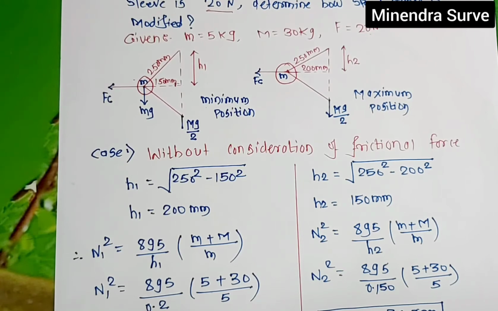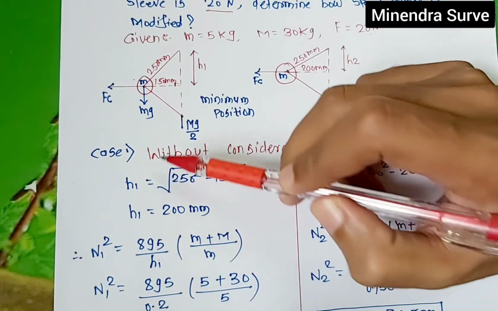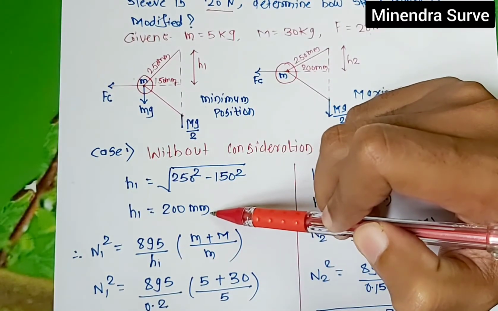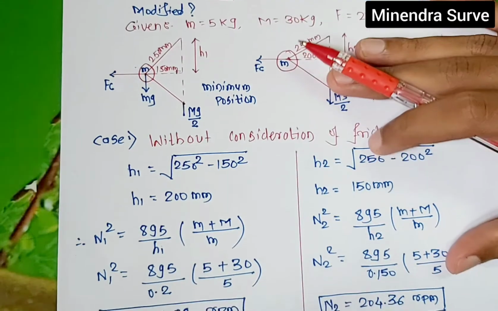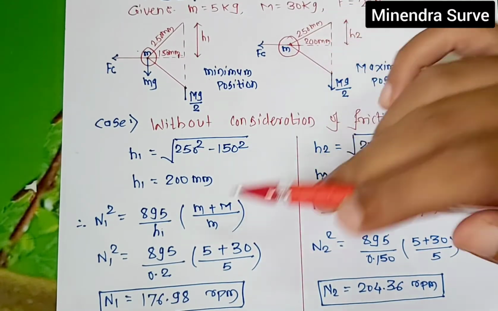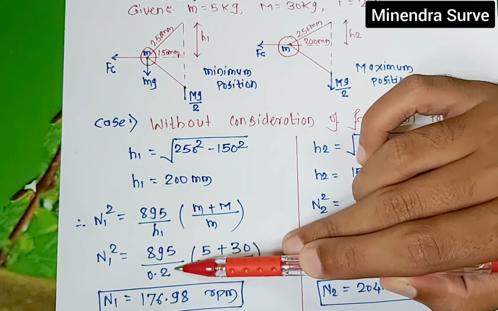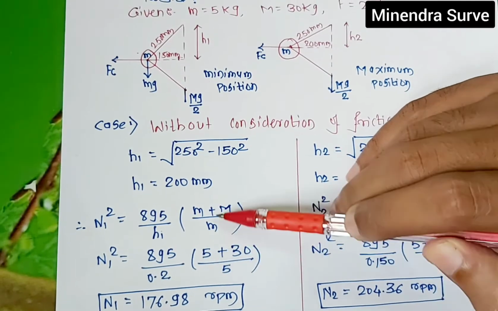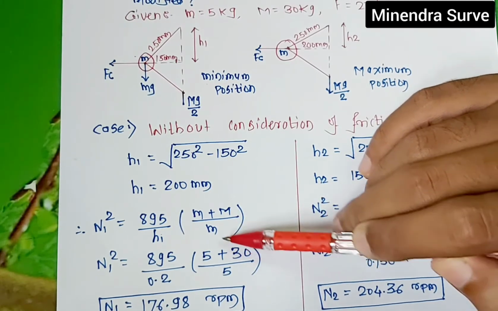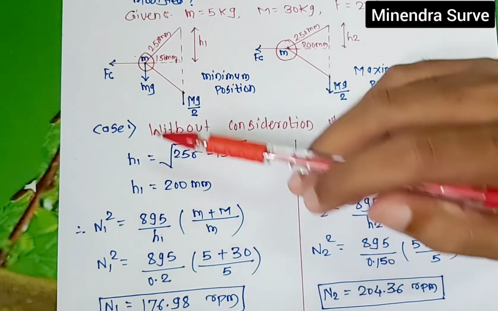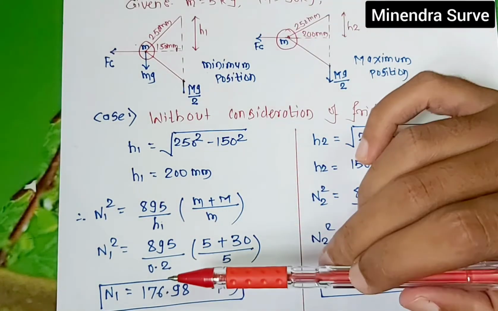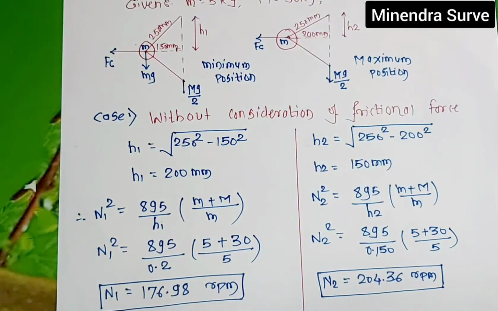Put the value of H1 as 0.2 meter, in meters only, not in mm. The mass of the ball is 5 kg and the mass of the central sleeve is 30 kg. If you calculate this and take the square root, you will get N1 equal to 176.98 rpm.